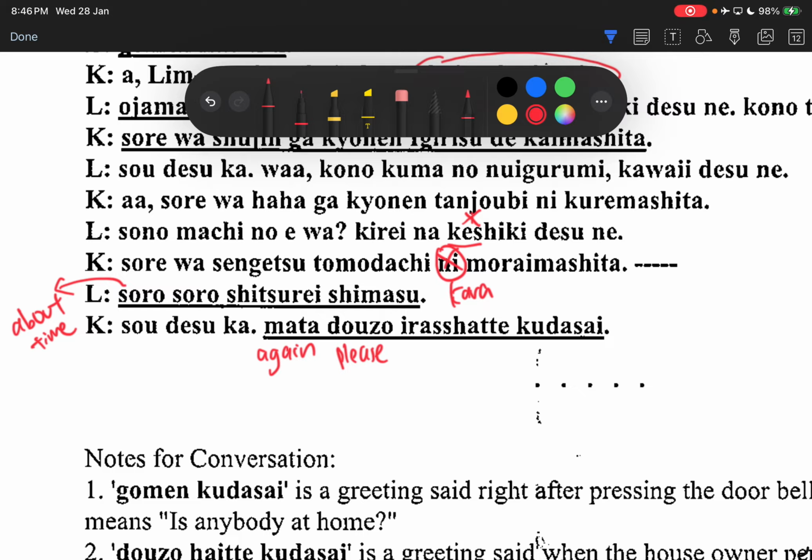So いらっしゃいませ was welcome. So いらっしゃいます means to welcome. So again, please, welcome, please. It's like, I welcome you again lah, basically. I look forward to welcoming you again. どうぞまたどうぞいらっしゃってください. Please come again.